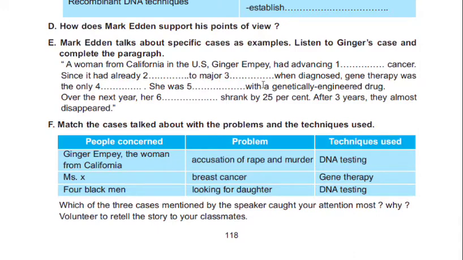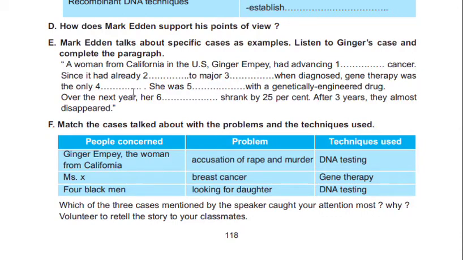Since it had already spread, SPREAD, we mean moved to other organs, from the breast, which is an organ, to other organs. Since it had already spread to major organs, that is spelled ORGANS, when diagnosed, gene therapy was the only choice.